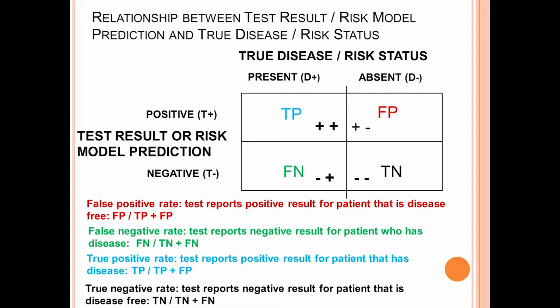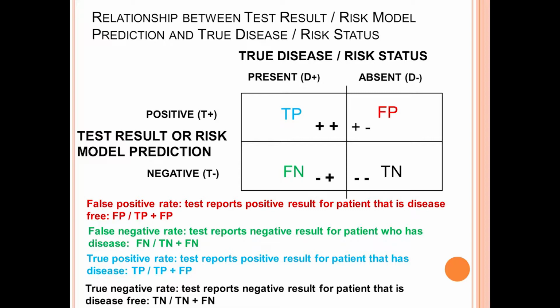And then we have true negatives. This is where the patient doesn't have the disease or is not at risk for some event, and the test result or the model prediction is negative. Ideally, we would like every clinical test and every predictive model to classify people as either one or the other of these cases. That's the perfect world, but this very often doesn't happen. We have these areas of uncertainty.